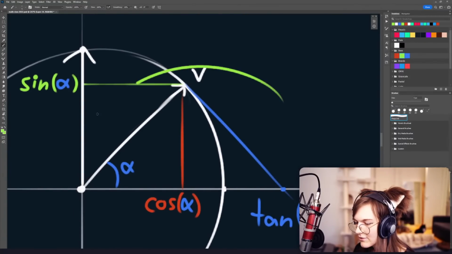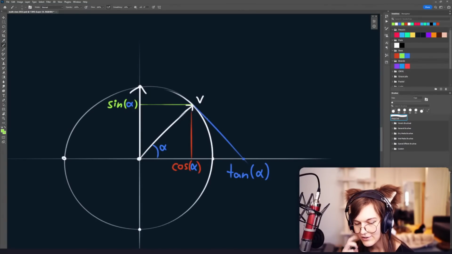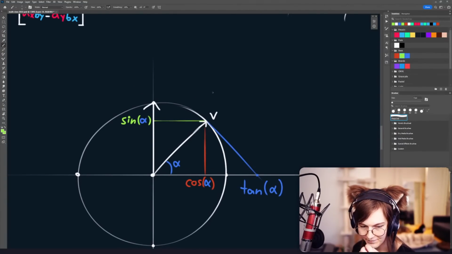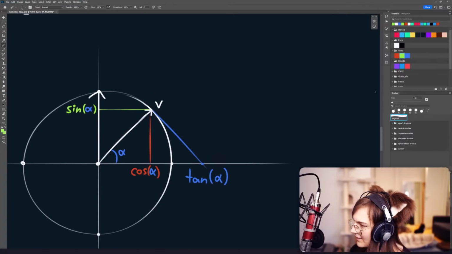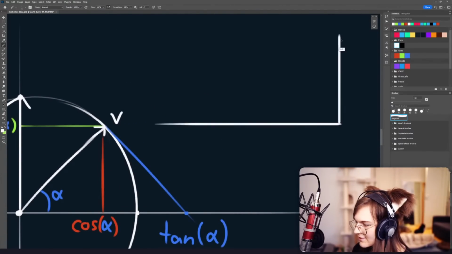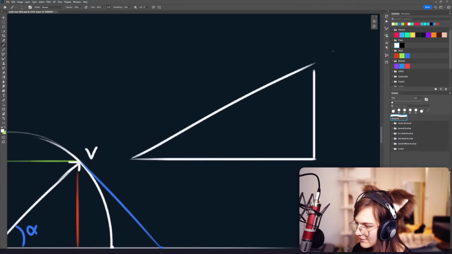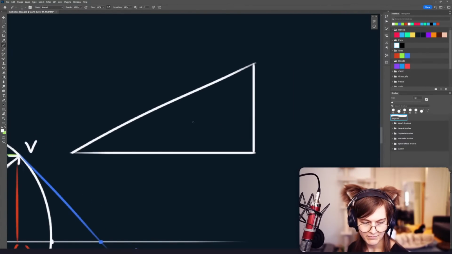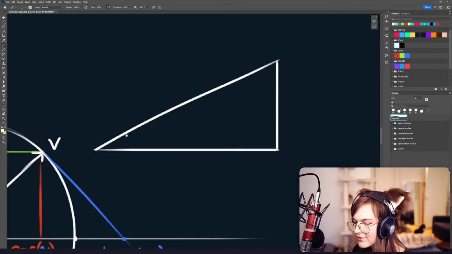And so one of the use cases for the trigonometric functions is to solve triangles. Quite often you end up with situations where you have some right-angled triangle, and you know some things about it. Maybe you don't know everything.